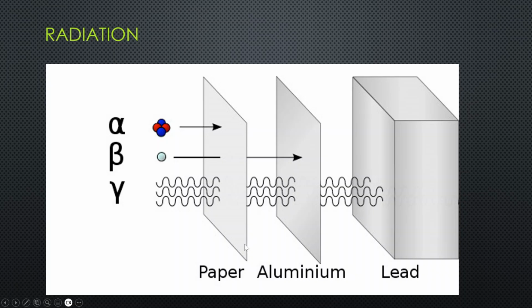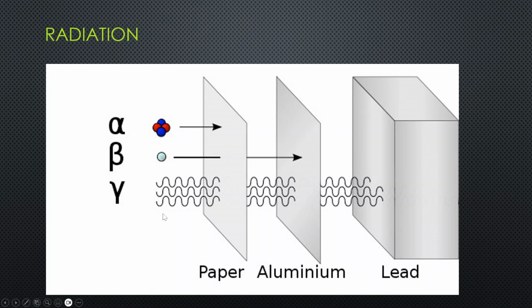That's why Thomson used these, because they didn't cause any damage. He could just put paper around there and it would block those alpha particles from even reaching him. Beta is blocked by aluminum.